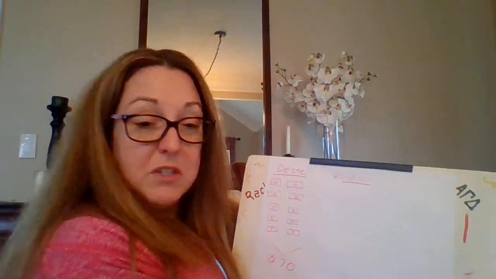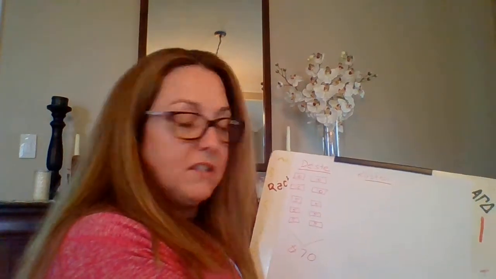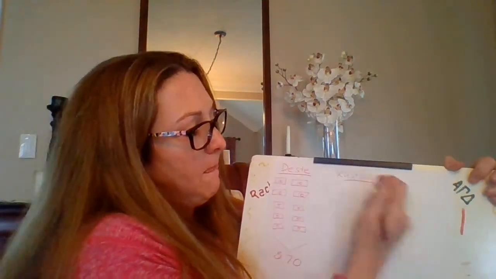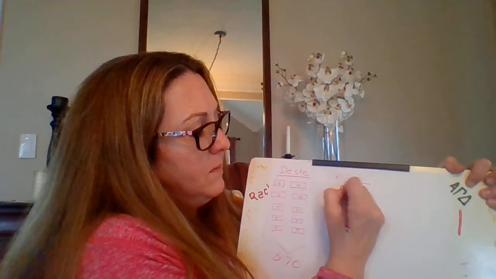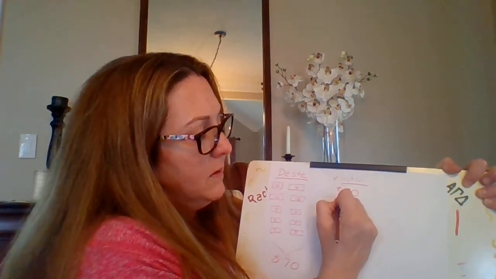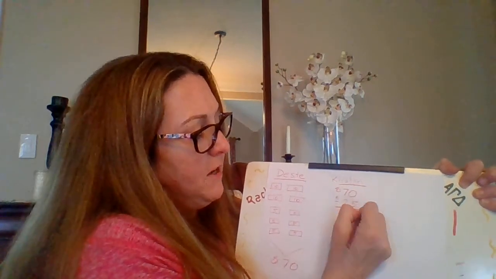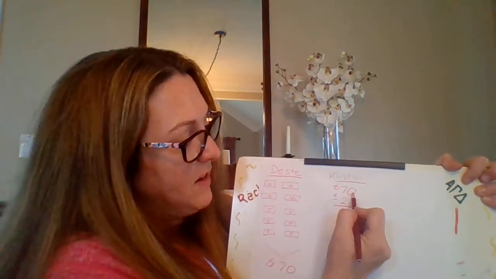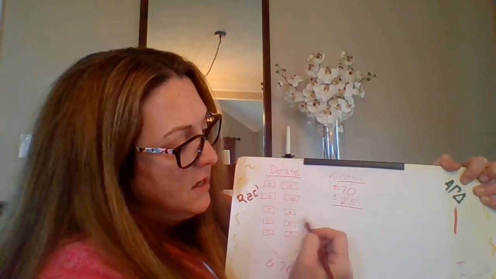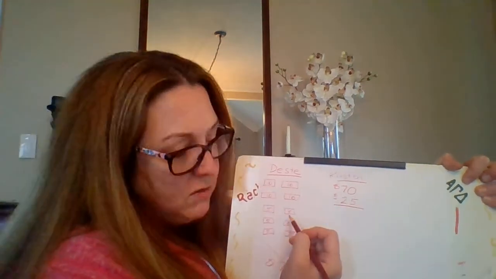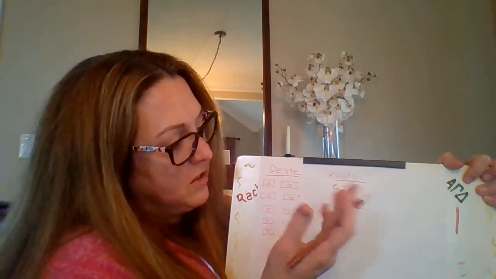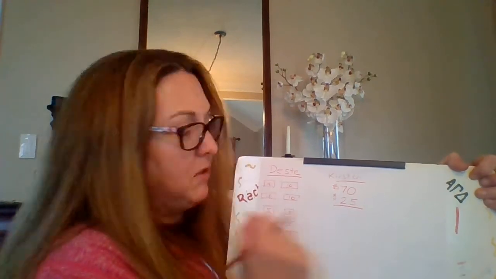We got to figure out what $25 less than 70 is. But here we are again, and we don't have any ones, and we've got to subtract. So we could still do the vertical method. Let's go ahead and do that first, and then we'll talk about some other ways.